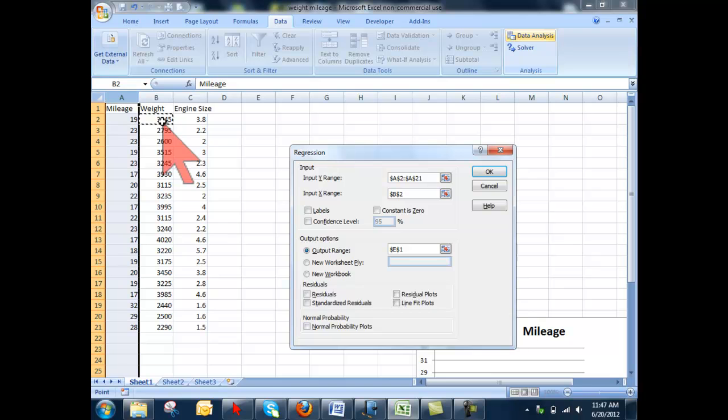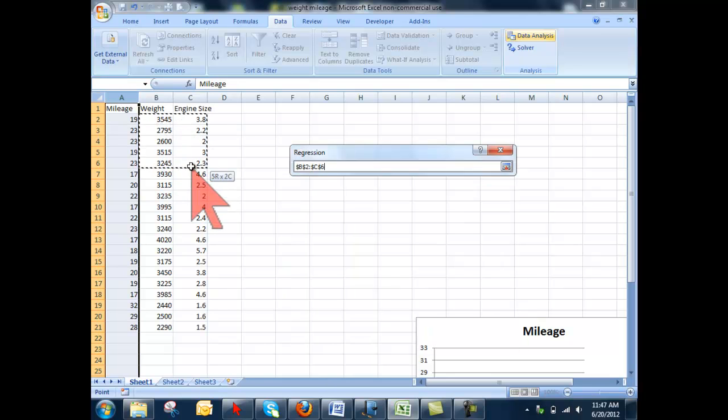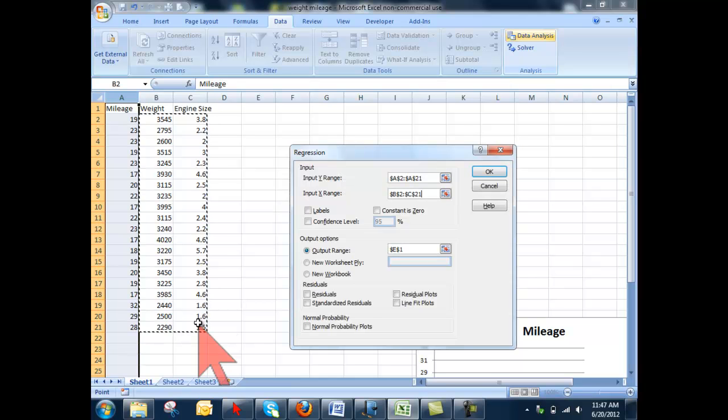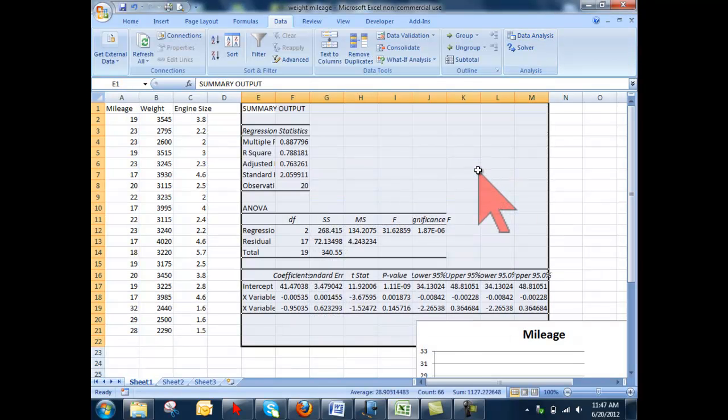So I'll click and drag not only down but right and highlight this 2-column block here. Alright. And for output range, it's proposing to put the output in and around cell E1. That's fine with me, and everything else in this table can stay as given. So now I click OK and get an output.